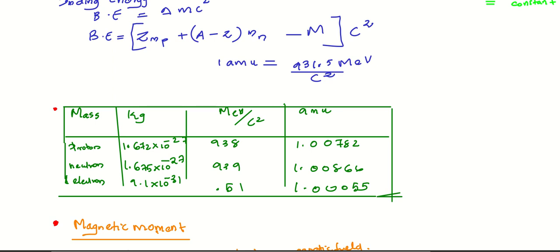Okay. So the mass of proton is equal to 1.672 into 10 raised to minus 27. For neutron 1.675 into 10 raised to minus 27.